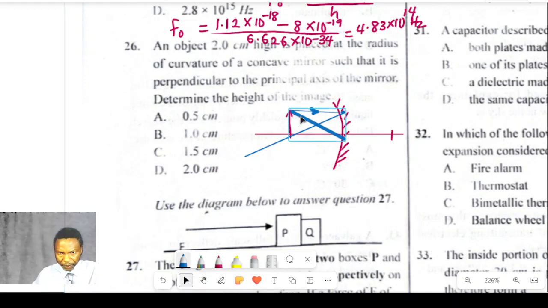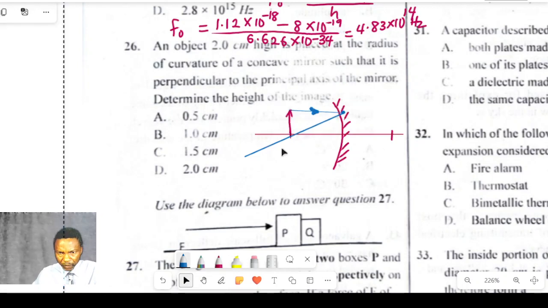So let's see. Sorry. I'll take this again. So let's just remove that.